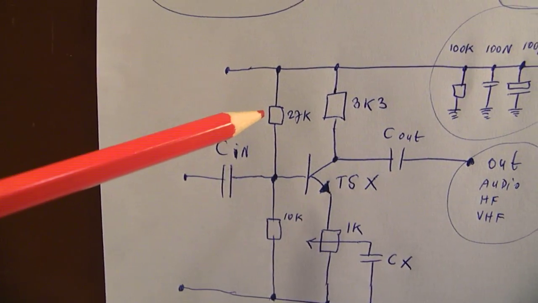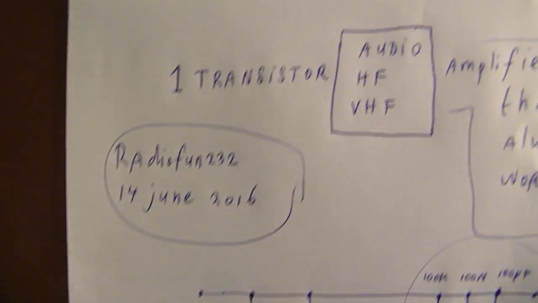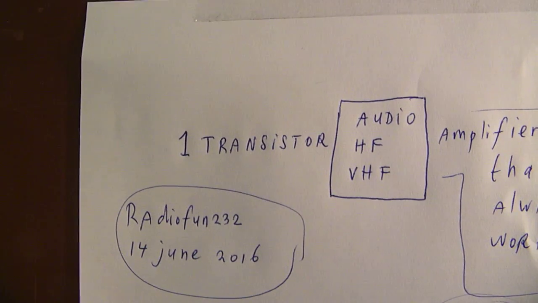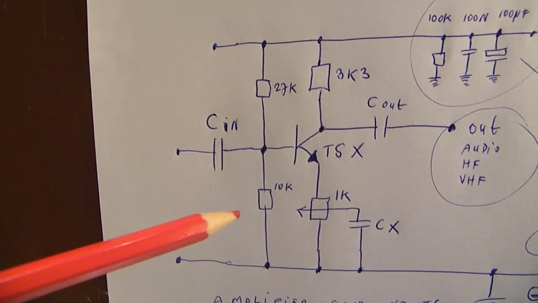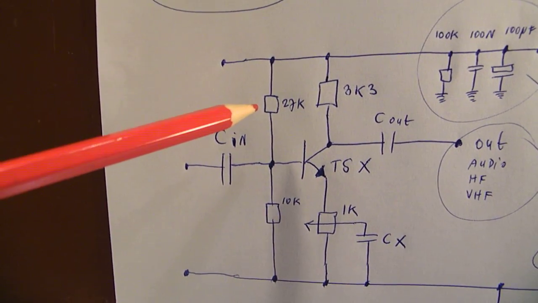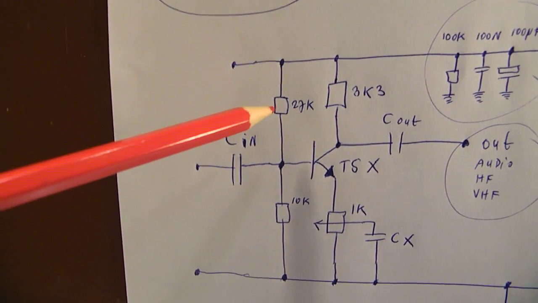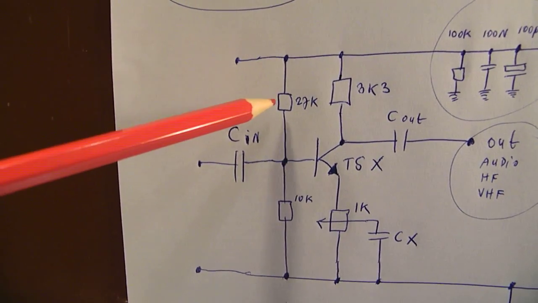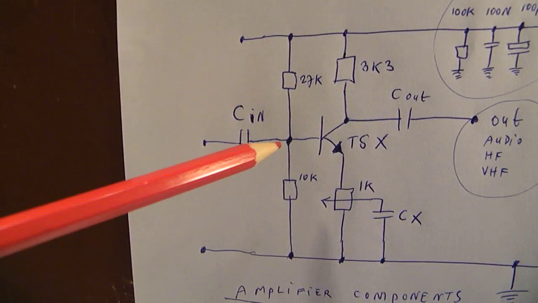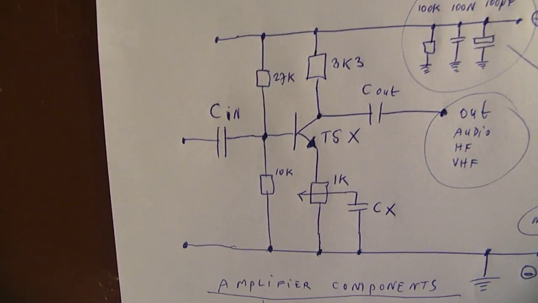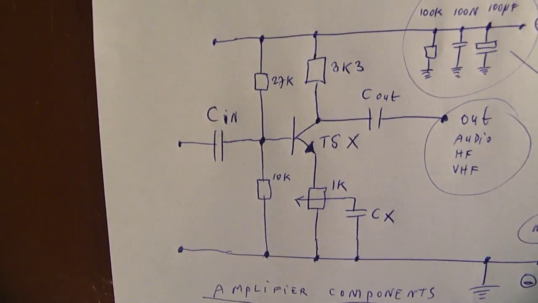And another issue is that with these types of transistor amplifiers, there's always a quite critical relation between these two resistors, the base resistors, that set the transistor into its working point.